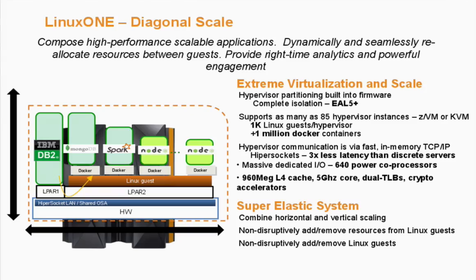Because you can do both scale out and scale up, you have diagonal scaling. That's a very unique proposition, because it allows the customer to either add more capacity to the existing frame, or add additional frames or additional partitions to the machine to handle workloads.